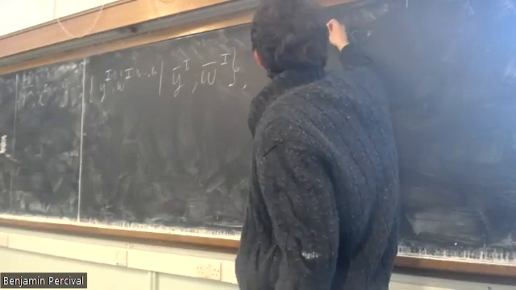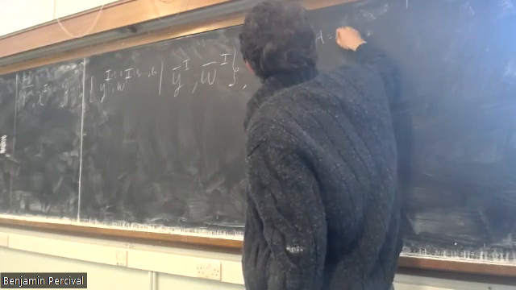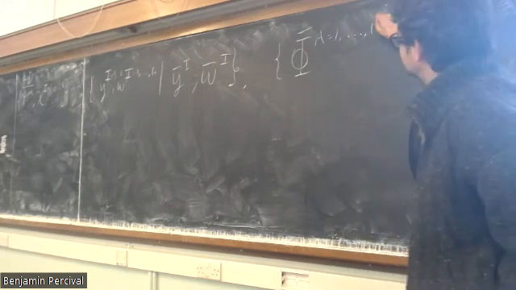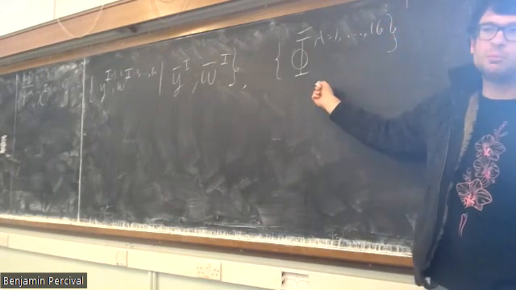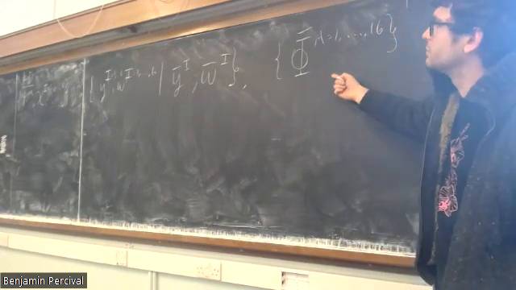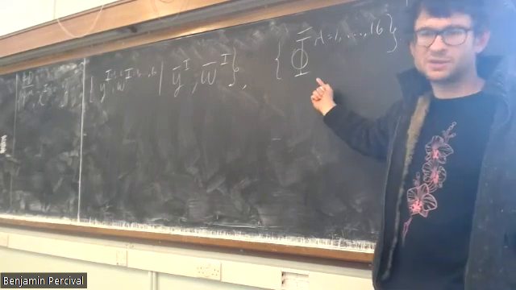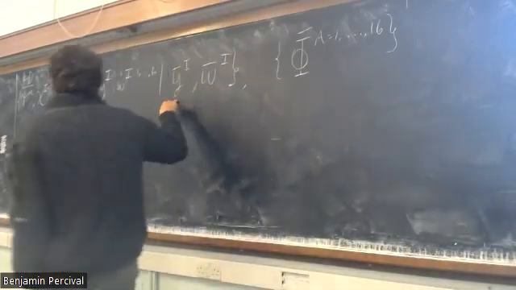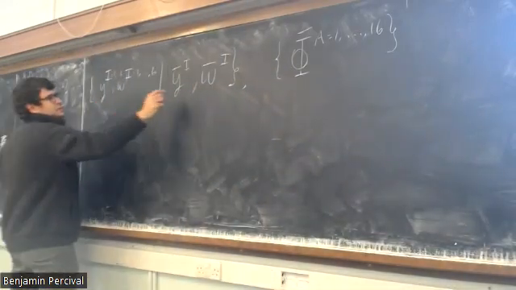Remember, we've been going to 16 because we've said these are complex. In general, we've been working with complex fermions in the gauge sector, but these are real fermions. So these are real.